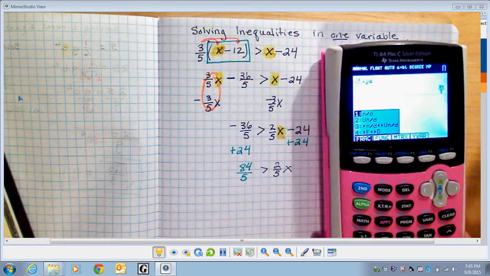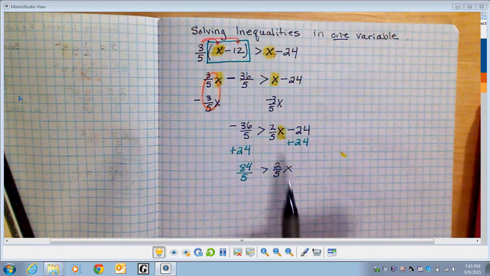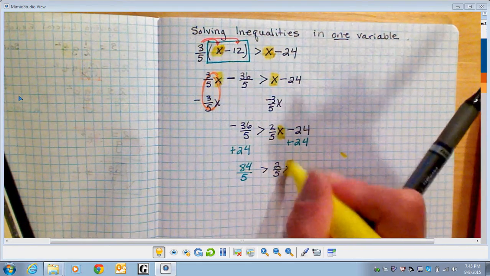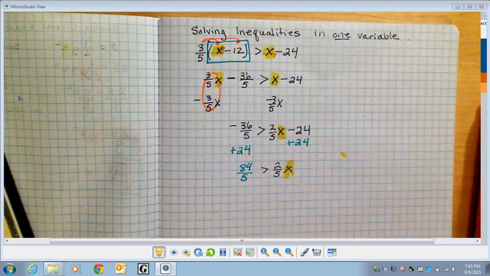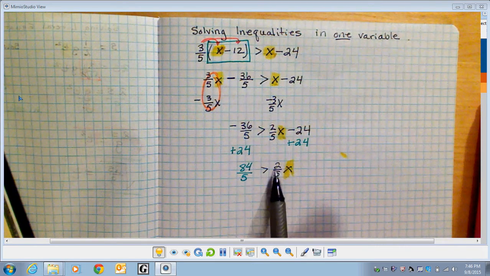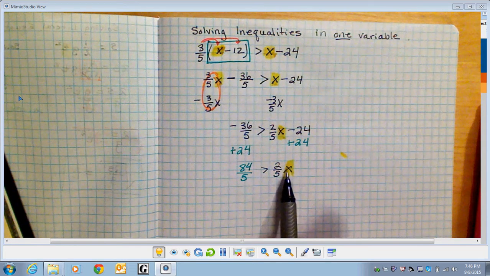Okay, so here I have x. Again, I want to get x by itself. So the question is, what is happening to the x? Well, right now it's being multiplied by 2/5. I want it to be just x, which means this needs to turn into a 1 since it's a multiplication problem.